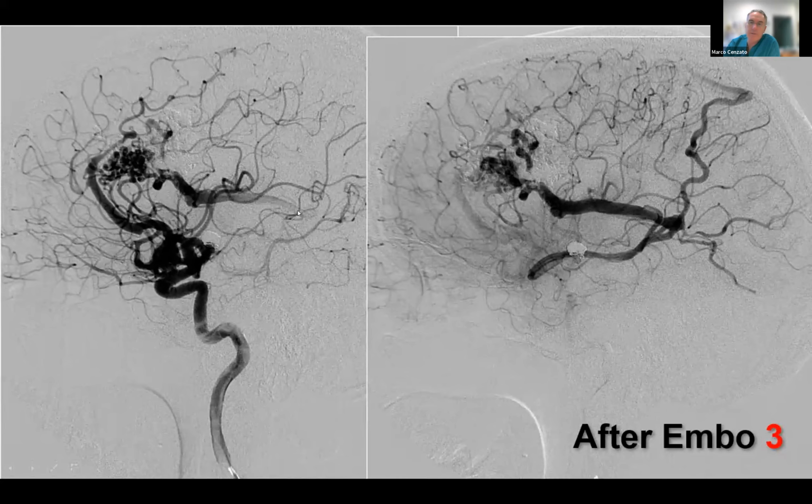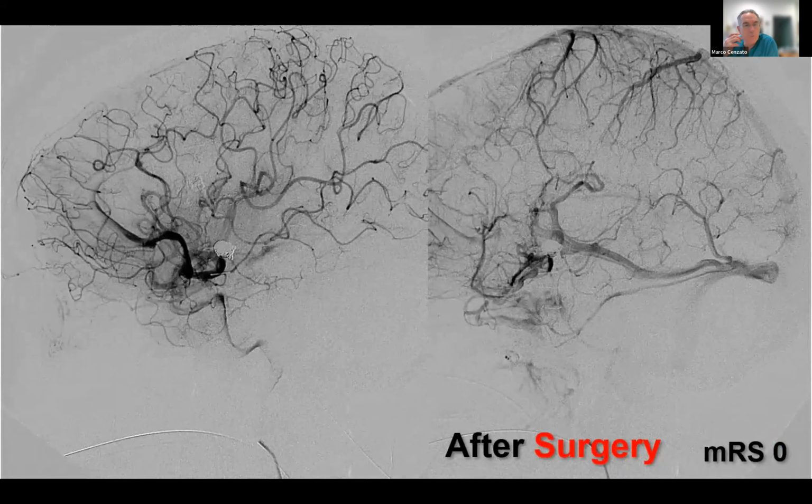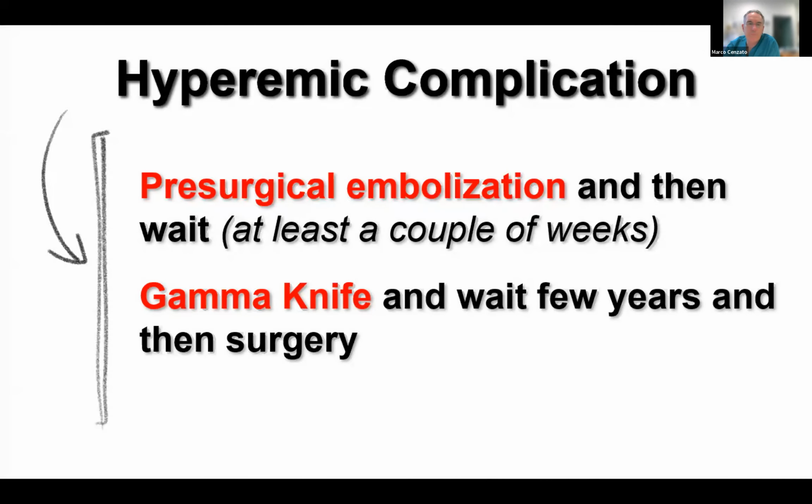And then on this side, we went for surgery, and this was the outcome without any complication. And the patient did fine with an mRS of 0 without any deficit. So the importance of the vein is something we have to consider.